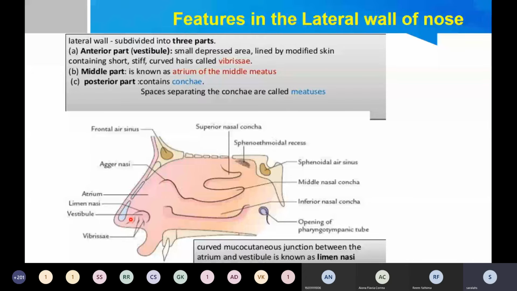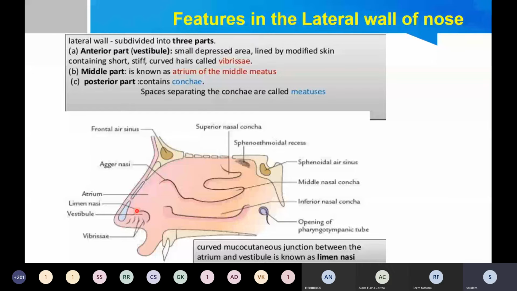So anterior part is called the vestibule, which is covered by small tiny hair, those are called the vibrissae, and you can observe here a curved line which is shown, that is the junction between the mucous membrane and the skin area, so mucocutaneous junction. That junction is represented by the limen nasi.